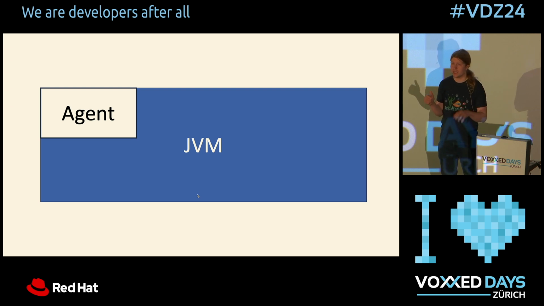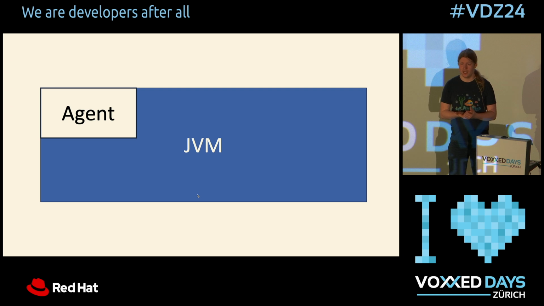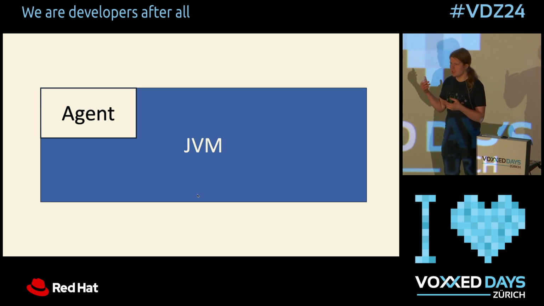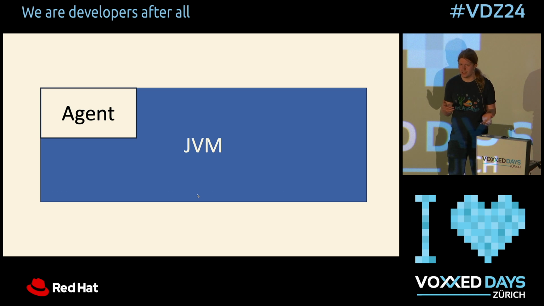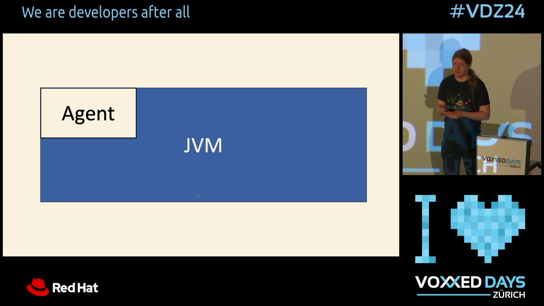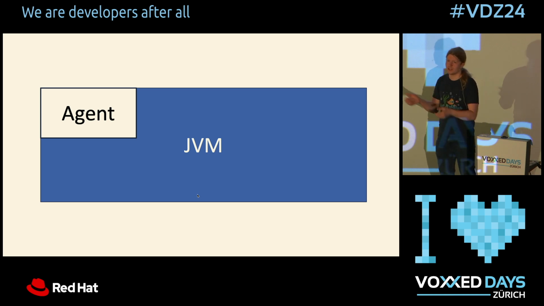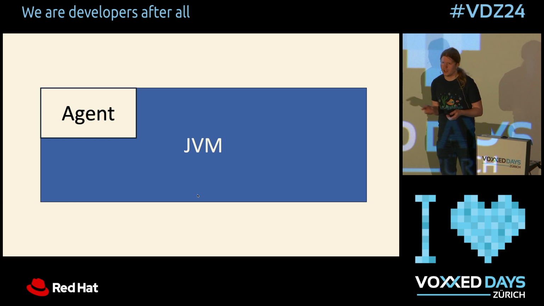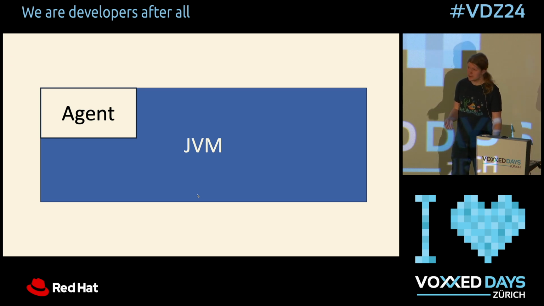Of course, you can always use native agents. These are not written in Java, but these are commonly used. For example, when you're doing debugging with JDWP, the JDWP agent is written in C++ and is a native agent. There's the possibility to use other methods, but usually Java agents are written in Java and can do a couple of nice things.